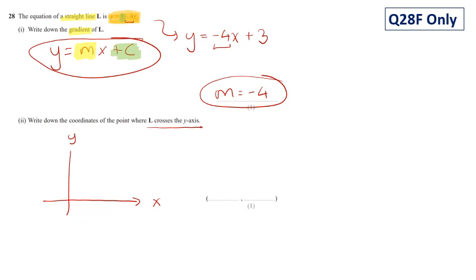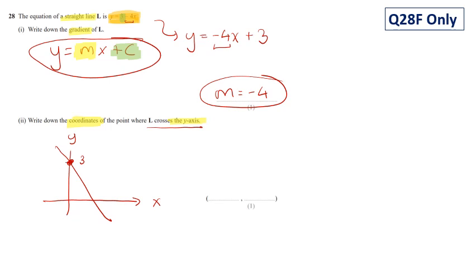Because it's a negative gradient, I've drawn it with a downward slope, and this y-intercept here is going to be 3. Now the question doesn't want just the y-intercept, it wants the coordinates of where it crosses the y-axis, or the coordinates of the y-intercept.